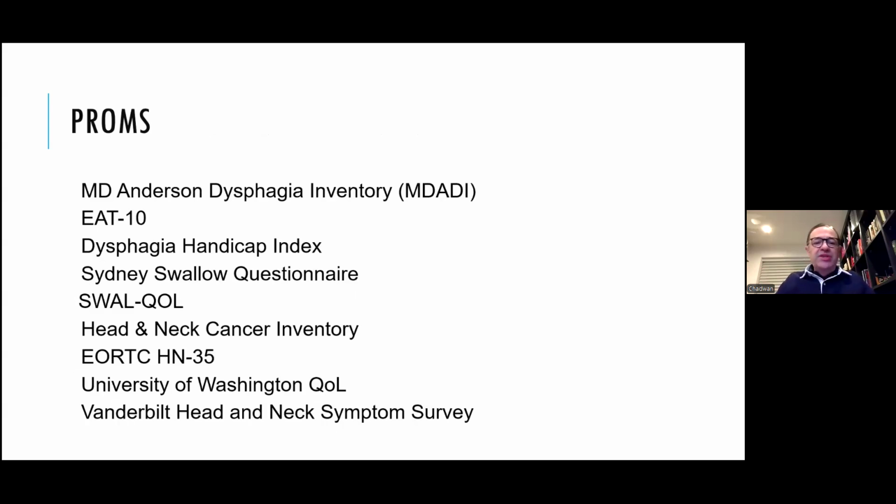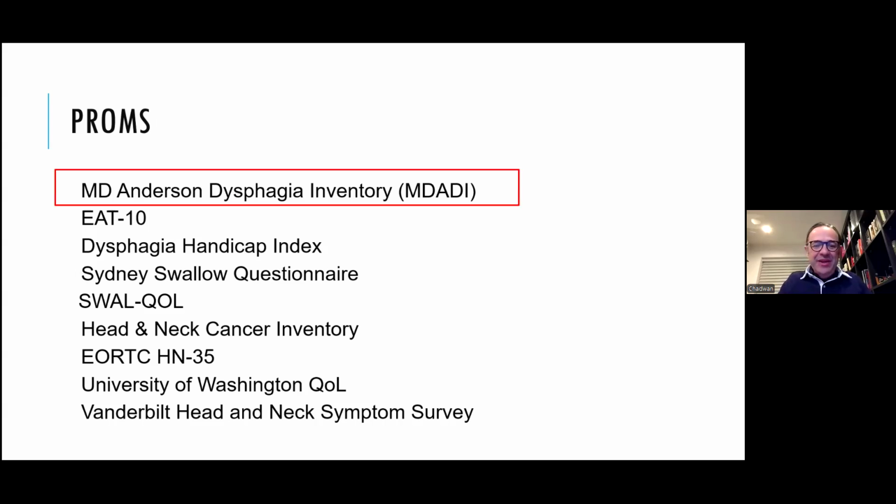Patient reported outcome measures. We really like these. This is the way for the patient to tell us how their swallowing issue affects their quality of life. And again, you will hear me saying that many times during this talk. There are numerous measures that have been published and used worldwide. In our institute, we like either the MDADI, which is mainly for head and neck cancer, or the EAT-10.